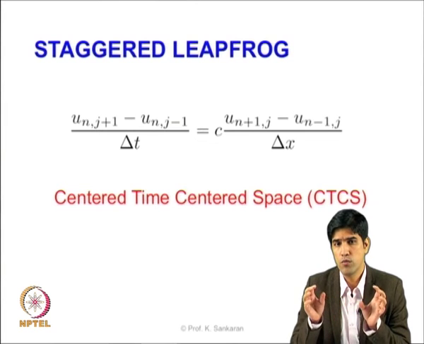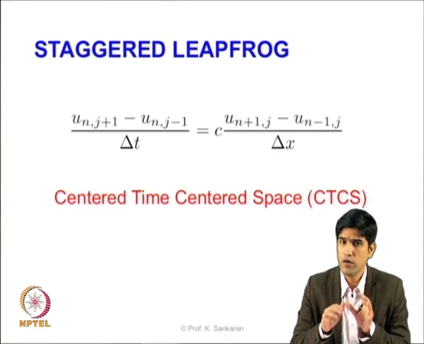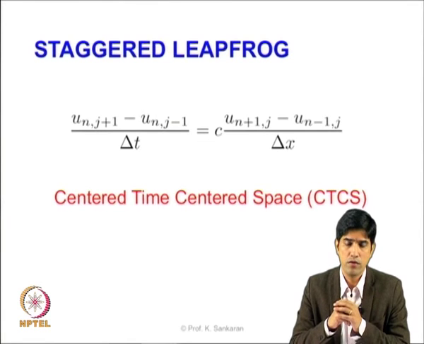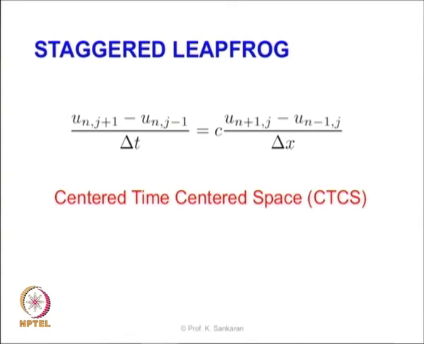So what if we do both space and time in a centered manner? That is what the leapfrogging method is going to be about. And the standard equation for that is going to be of this form, and you can basically do the centered differencing both on the left hand side and on the right hand side.